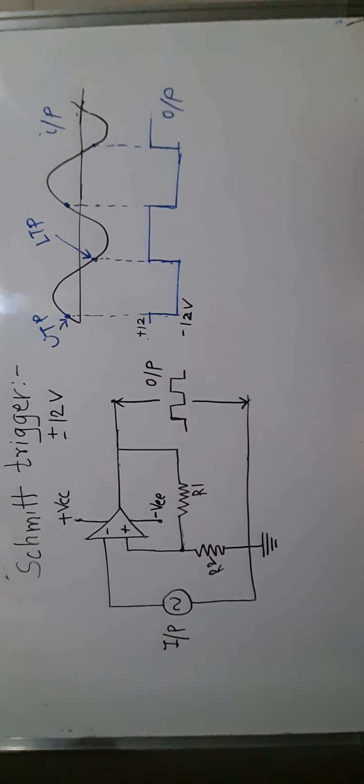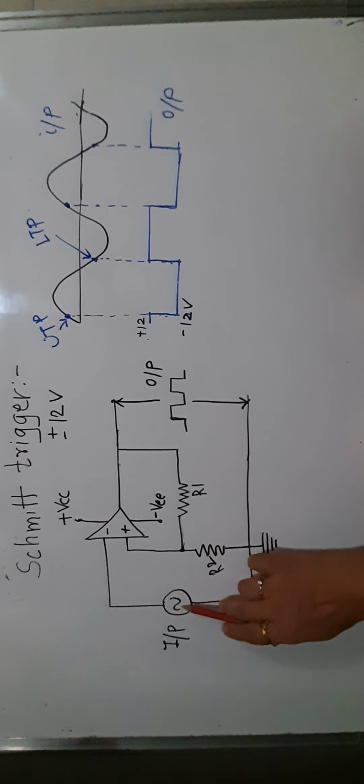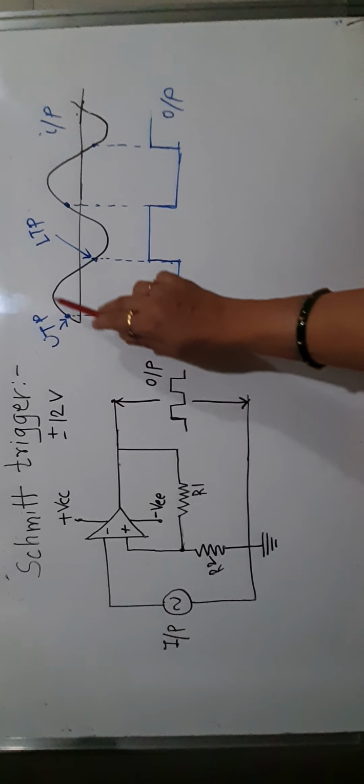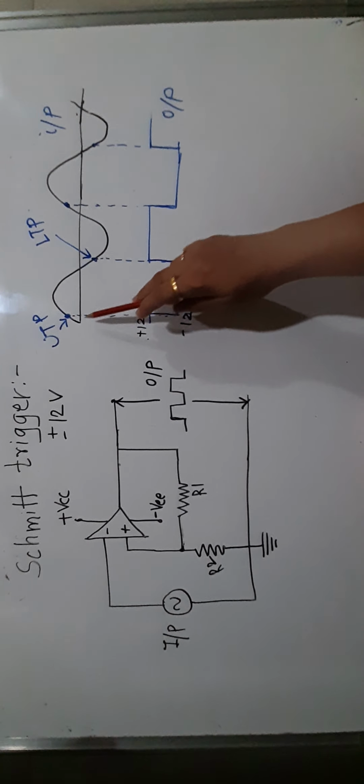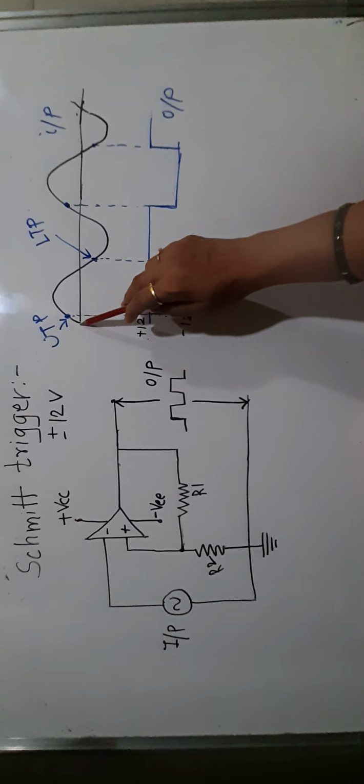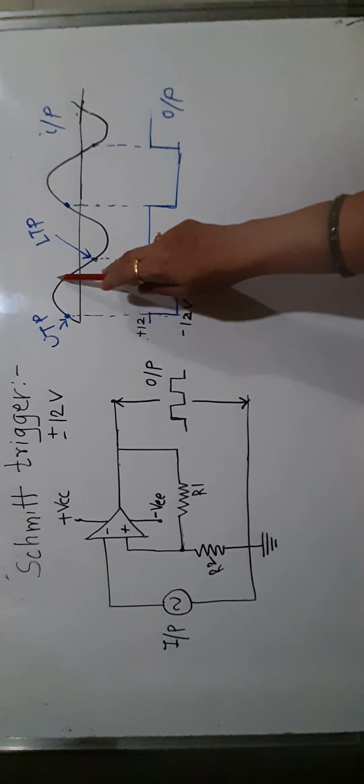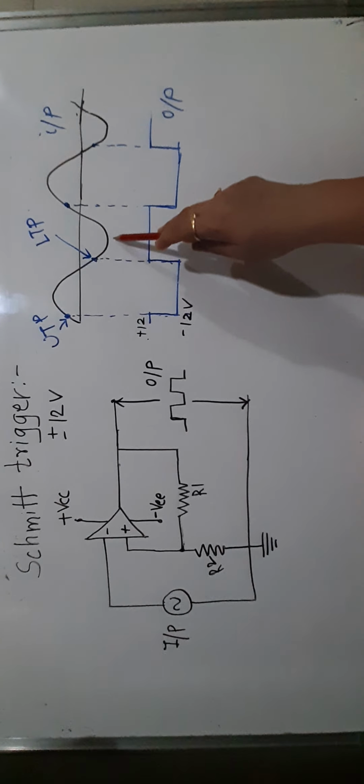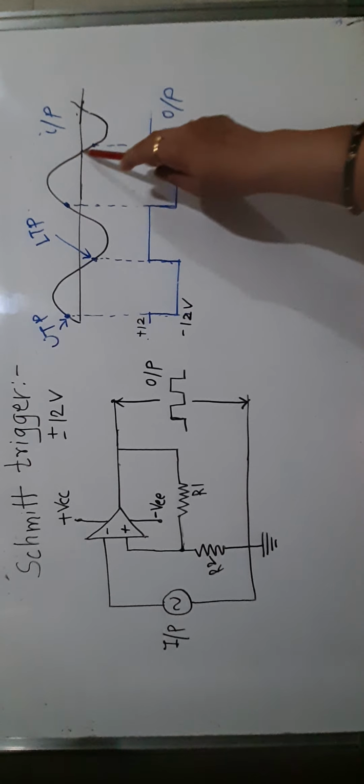So Schmidt trigger is also a kind of comparator, but the difference is that both voltages are not fixed, they are always changing. Here the input voltage is an AC voltage, alternating voltage which is continuously changing, 0, positive, then 0, then negative, then positive, then negative.